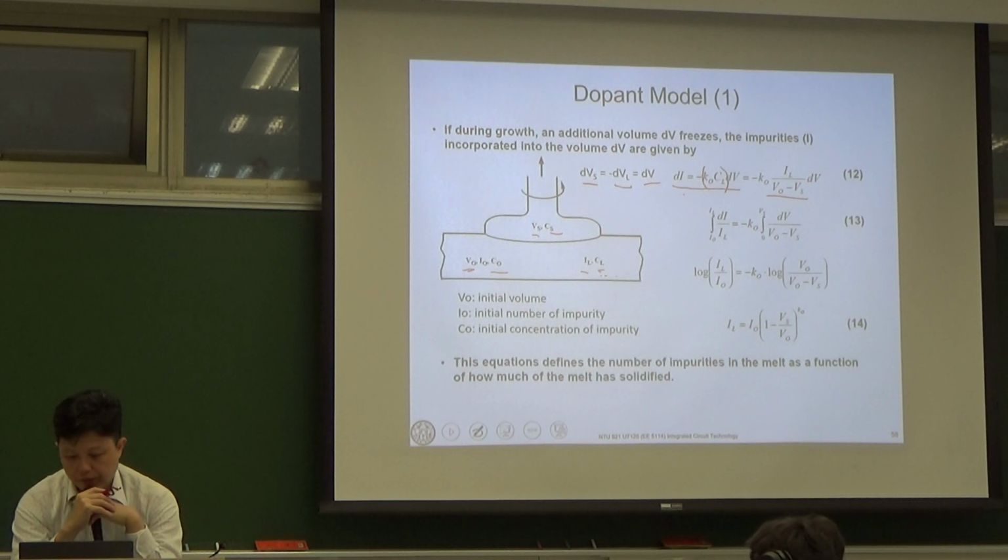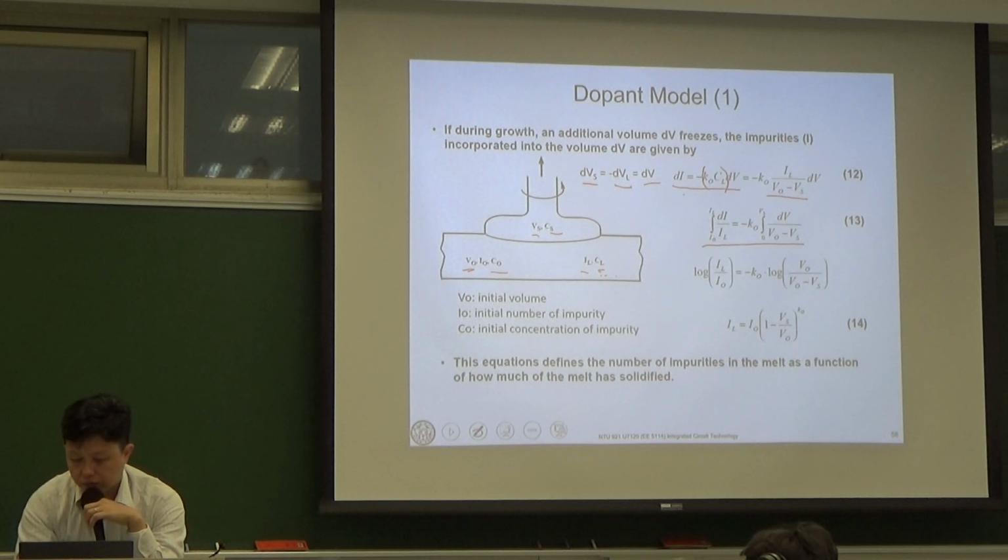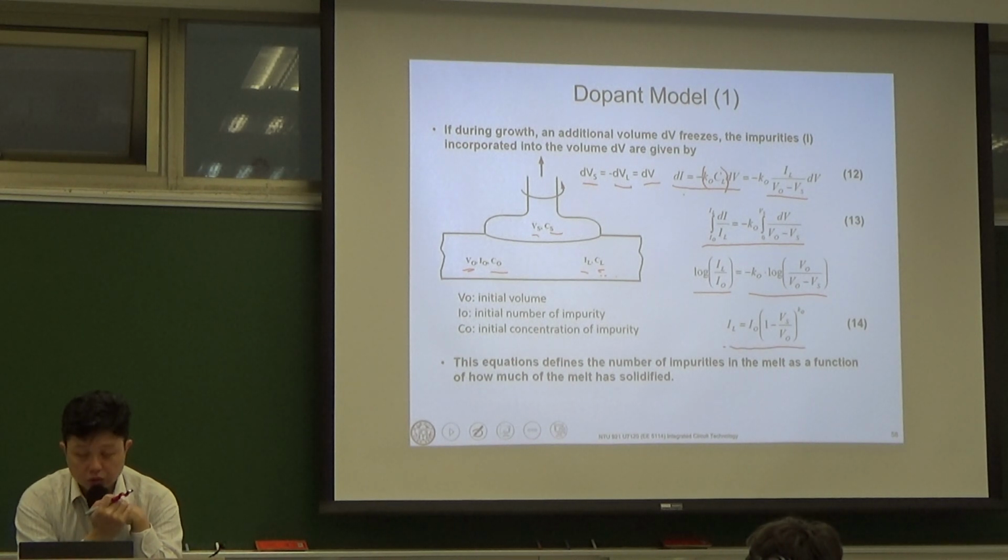Then we can do a very simple rearrangement, so it becomes equation 13, and we do the integration. We find that the impurity number I has a relationship with the volume and with the segregation coefficient.